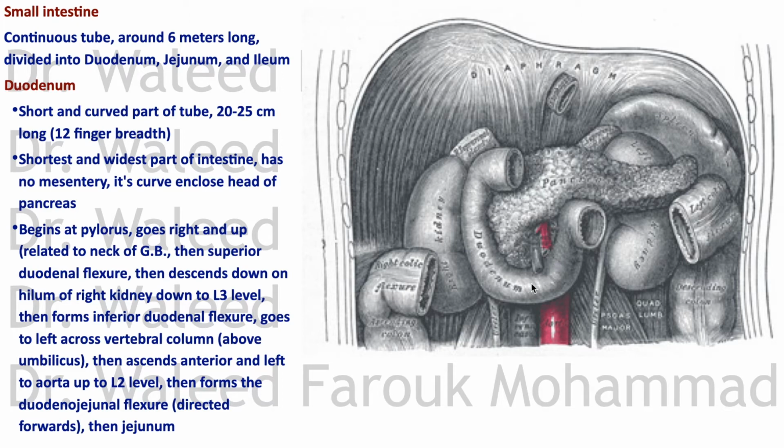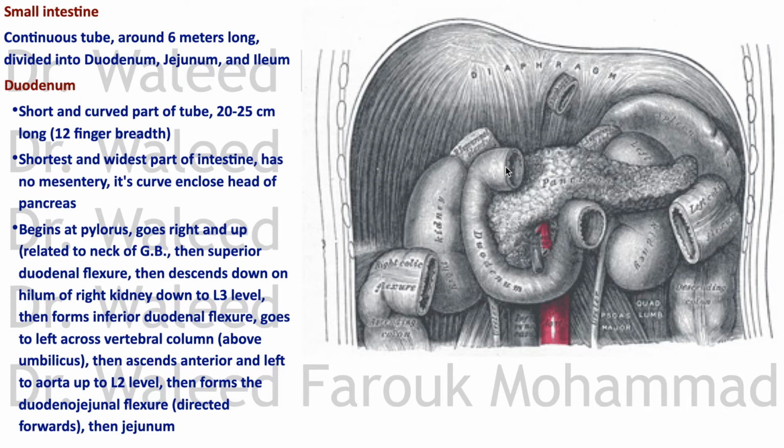Okay, and the C-shaped duodenum encloses, as you can see here, the head and the uncinate process of the pancreas. From this position, you can actually depict the relations of the duodenum as it goes through its parts: the superior, the descending, the inferior, and the ascending.